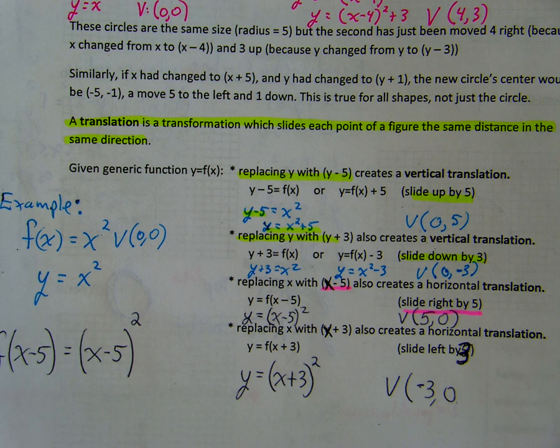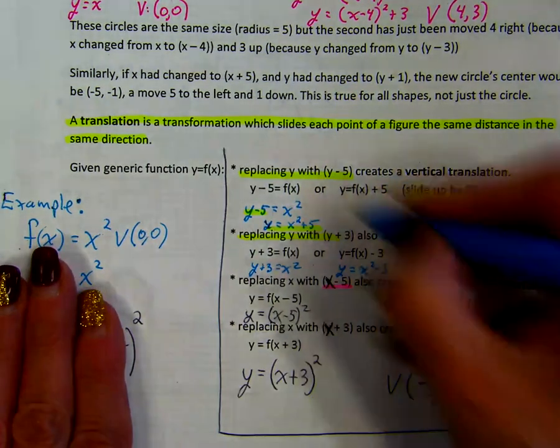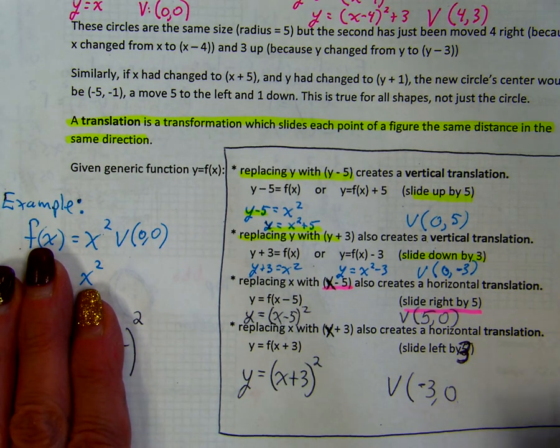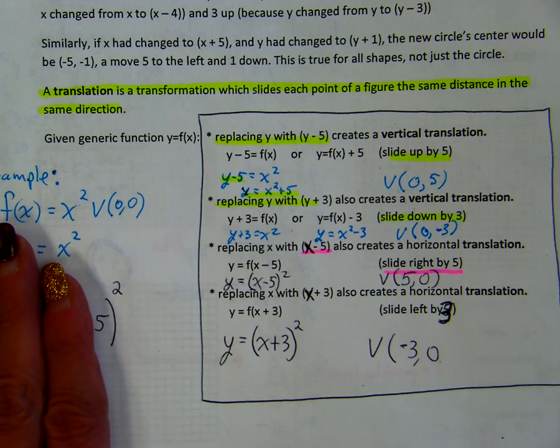Okay, so anything that happens to the y we call vertical, anything that happens to the x we call horizontal. If you are wondering what happens with any of your translations, left, right, up, down, come back to this box and look at those examples, and it should clarify them all for you.